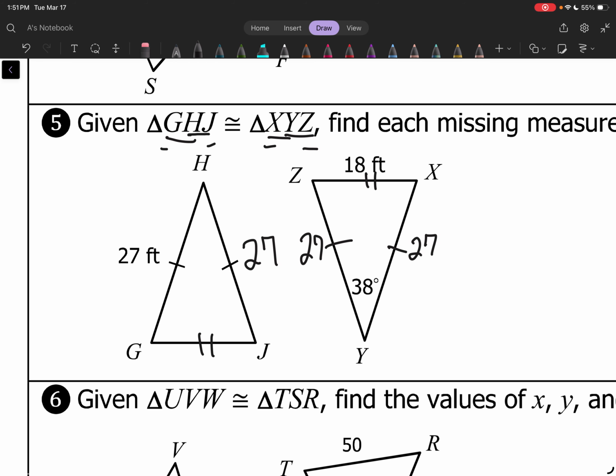Because this is an isosceles triangle, I know that my two angles, Z and X, are going to be the same thing.